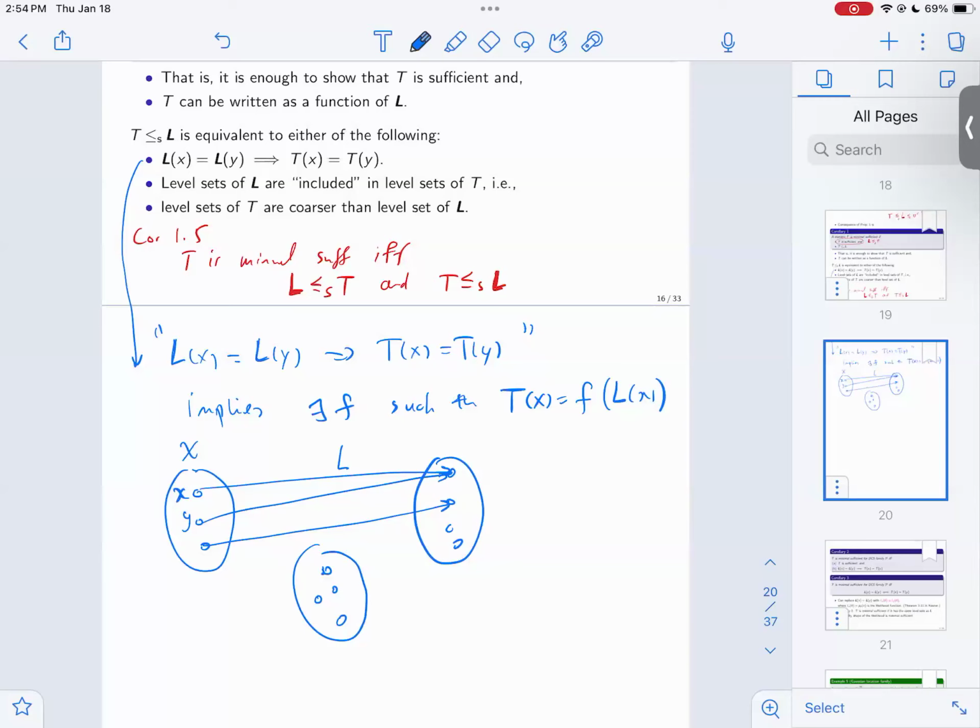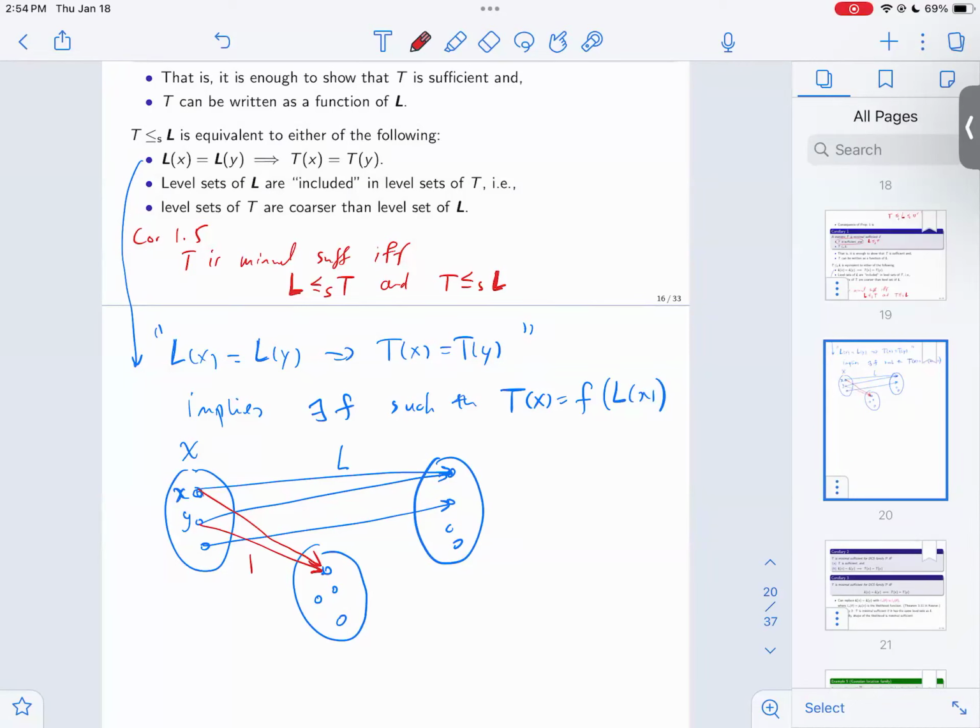If it turns out that these two points are mapped by T to different points, then this T cannot be written as a function of L, because once I go to this, I lose the distinction of X and Y, and then I cannot apply a function to get back these two points. But whenever X and Y go to the same thing under L, T also sends them to the same thing.